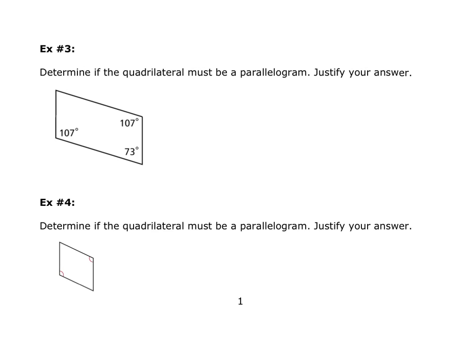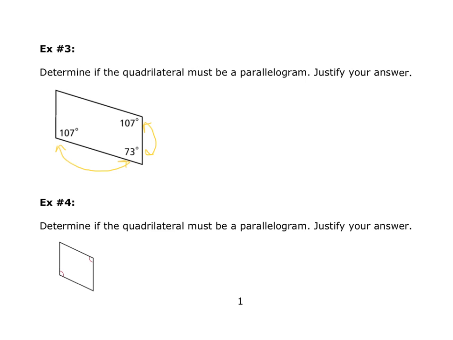Looking at this picture, 107 and 73 we consider consecutive angles. And then on the other side we have the same set of consecutive angles. So when I look at my half sheet, I'm looking for the rule about consecutive angles. If they're supplementary, then I can justify it's a parallelogram.